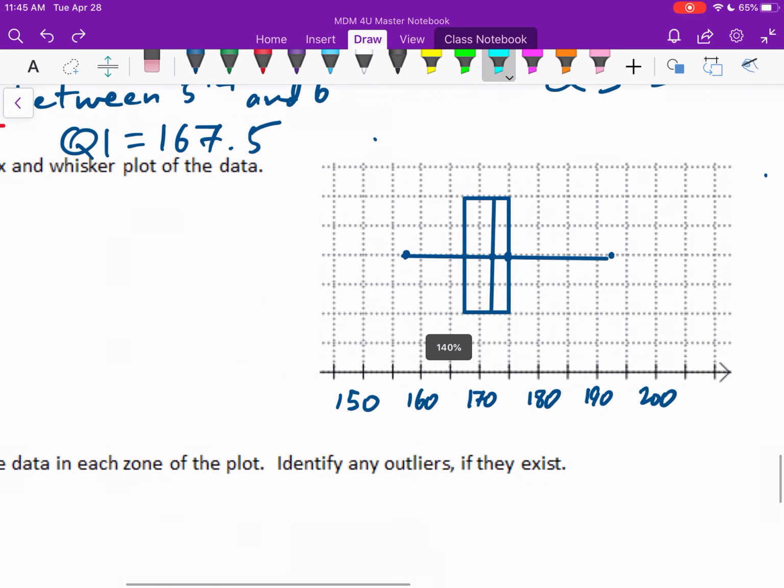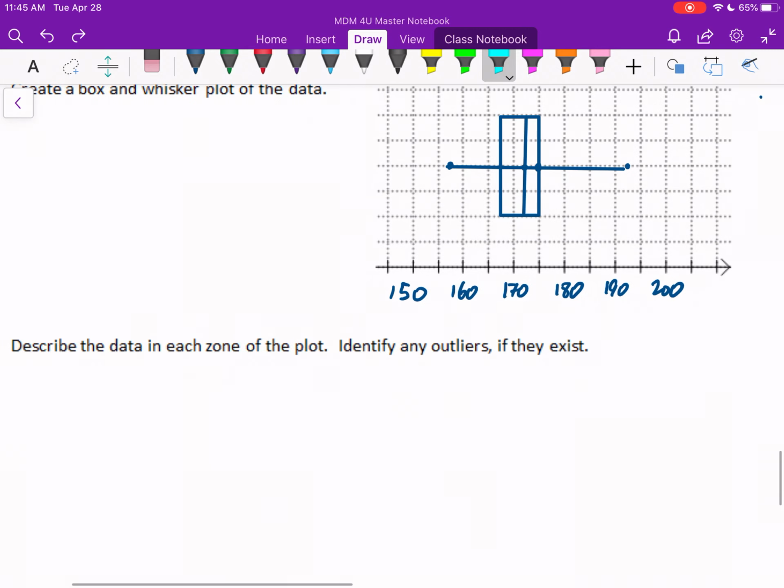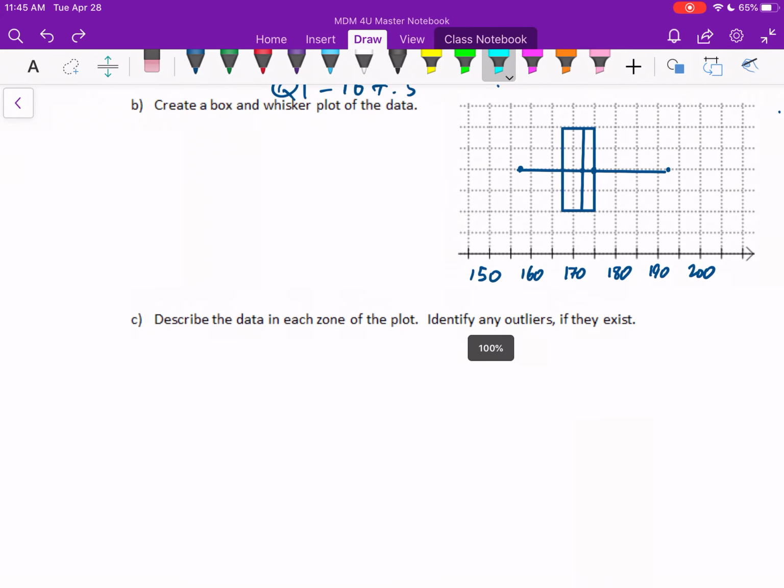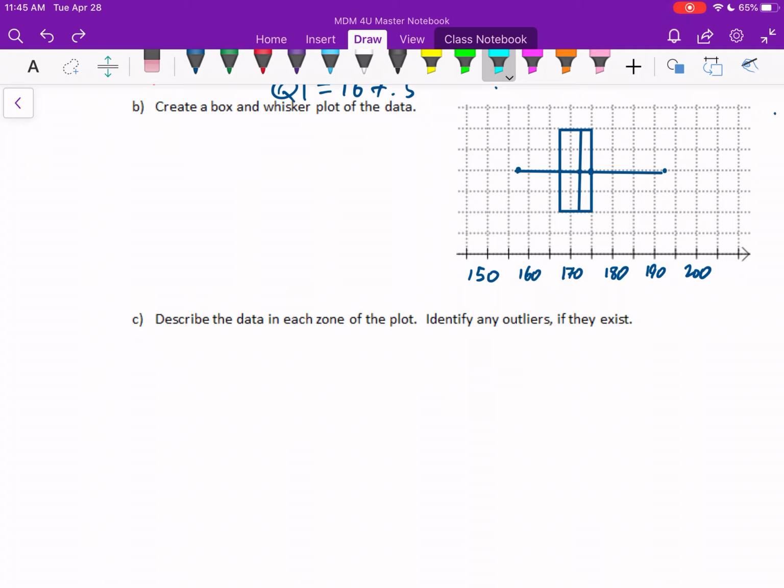I'm not going to label the specific numbers on there. Describe the data in each zone of the plot. Identify any outliers if they exist. Well, I just basically described the data in each zone. Then I guess I can write it out quickly, though. Upper quarter is most spread out.